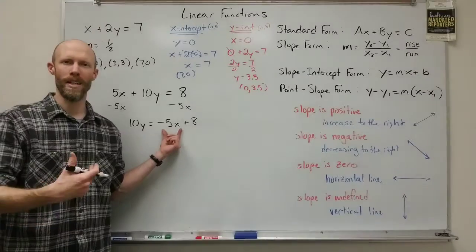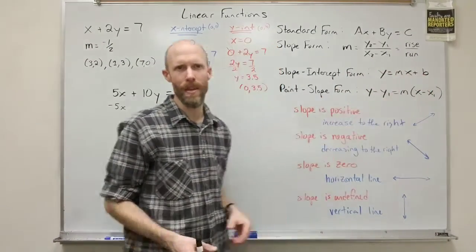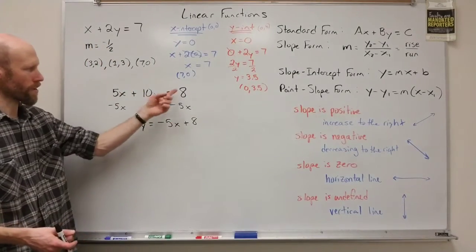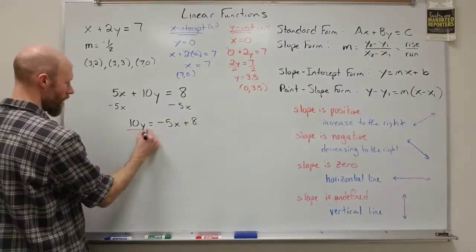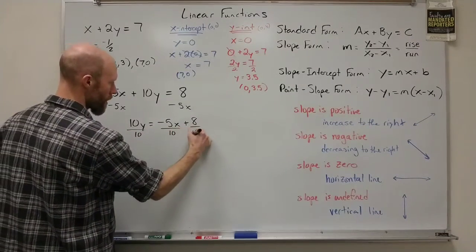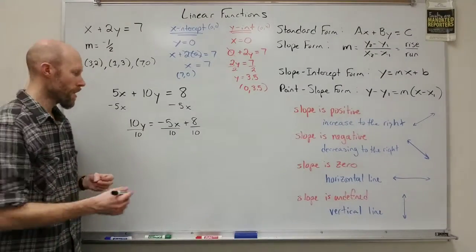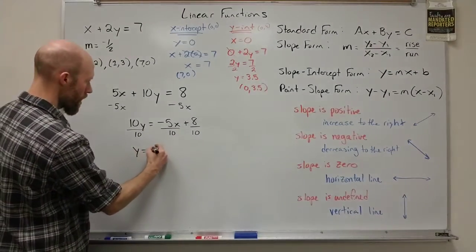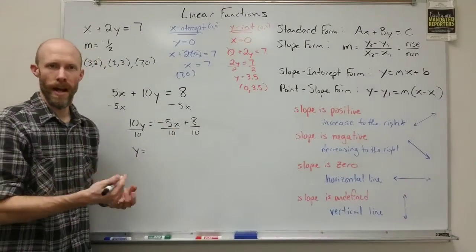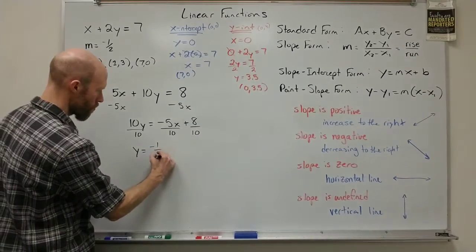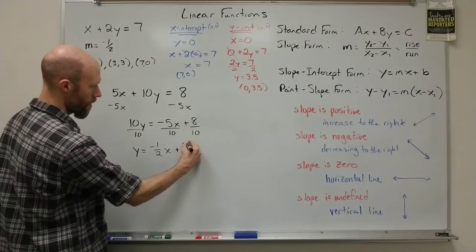Typically we write the x term first because then it will match with this formula. That's all. It doesn't matter, I could do 8 minus 5x if I wanted to, but I don't want to. So we'll divide then by 10, and I'm dividing both sides by 10, but again it distributes to each term on the right. And so what I'm left with is y equals negative 5/10 times x. 5/10 is 1/2. So that reduces to negative 1/2 x, and then 8/10 reduces to 4/5.